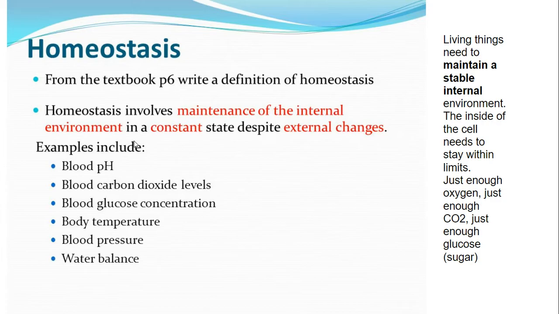The most common examples are when it gets too cold, your body naturally shivers. You shiver, you shake of coldness because the body wants to generate heat. And it wants to generate heat because it wants to stay the same inside.